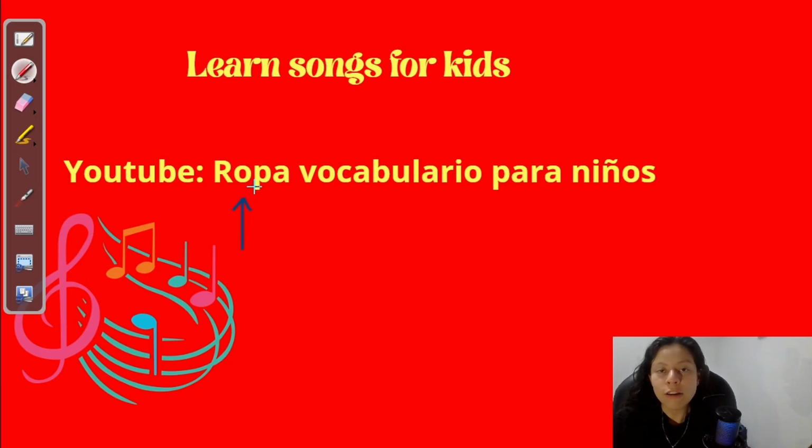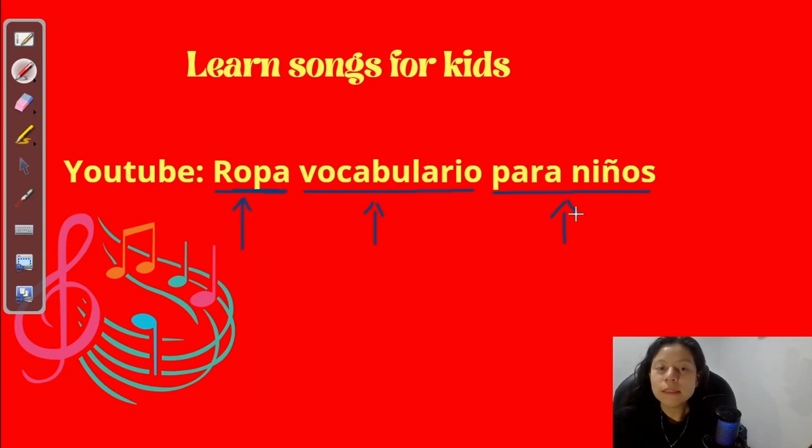You're going to put the topic: clothes, fruits, vegetables, house parts, etc. You're going to put the topic in Spanish, for example, ropa, then you are going to include the words vocabulary in Spanish, vocabulario, for kids, para niños. Also, you can do this searching on Google Images for learning vocabulary in Spanish.